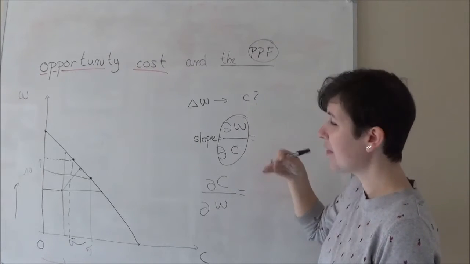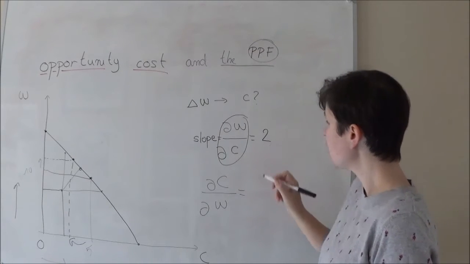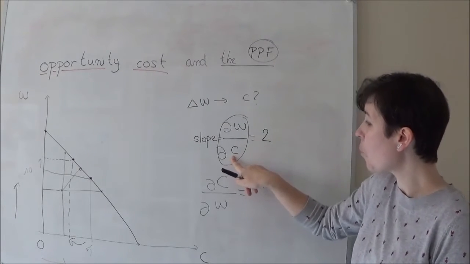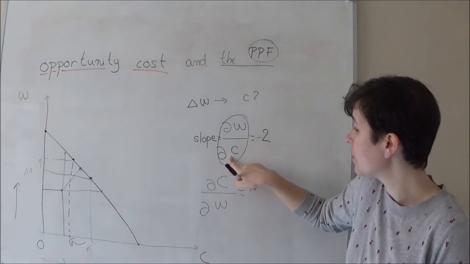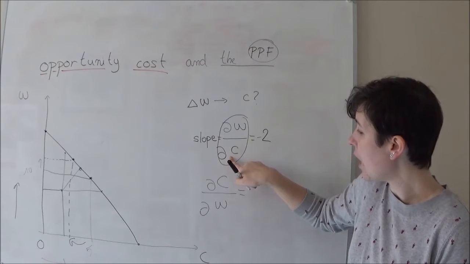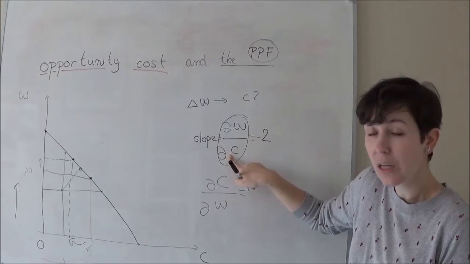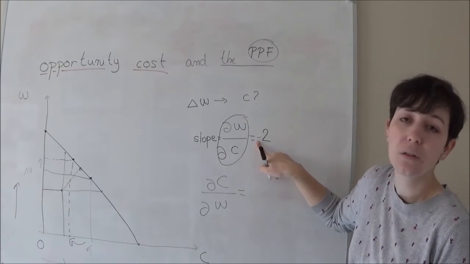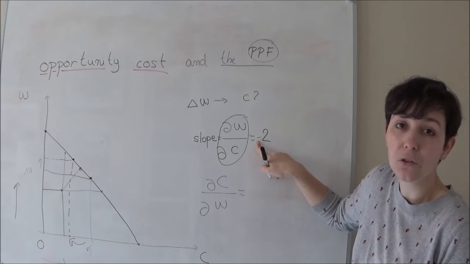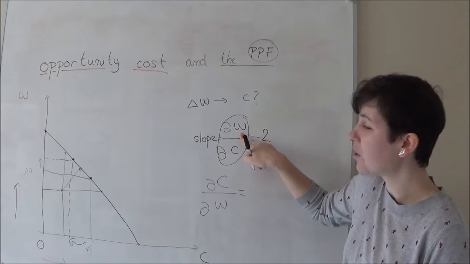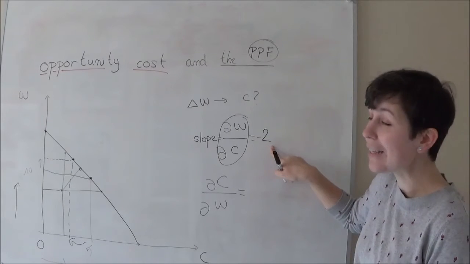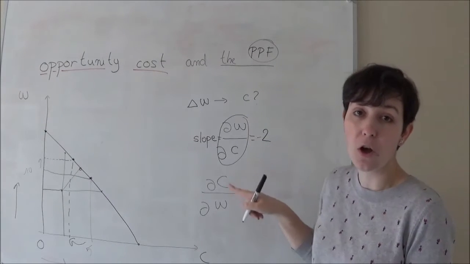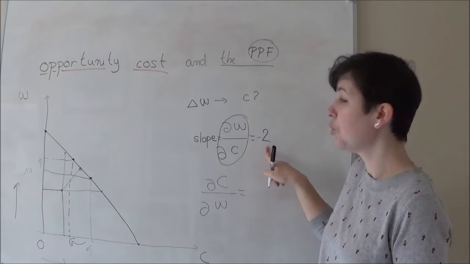So imagine that this is minus 2. That means if I want to increase in 1 unit the production of cheese, I have to reduce, it is minus here, the production of wine in 2 units, okay? That is the slope, and that is the meaning of the slope. So the opportunity cost is 2.